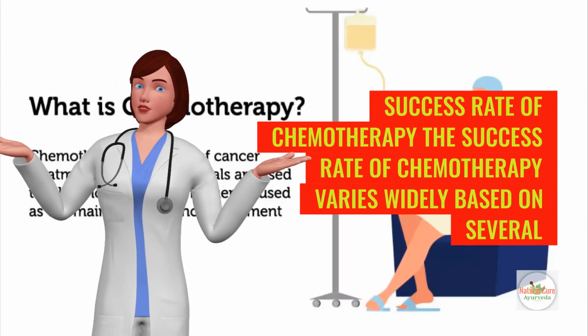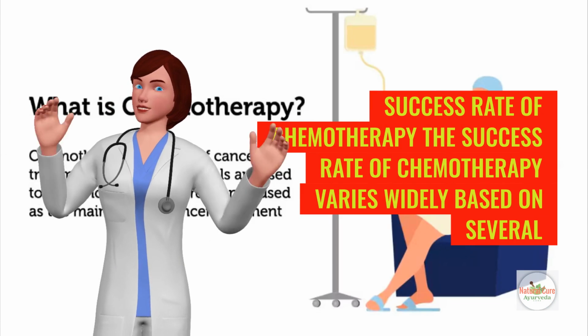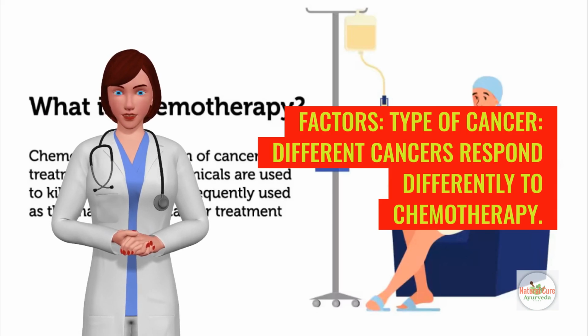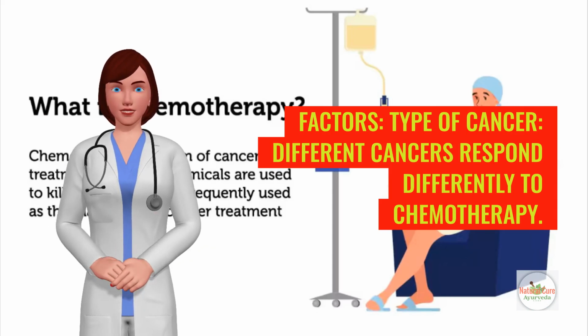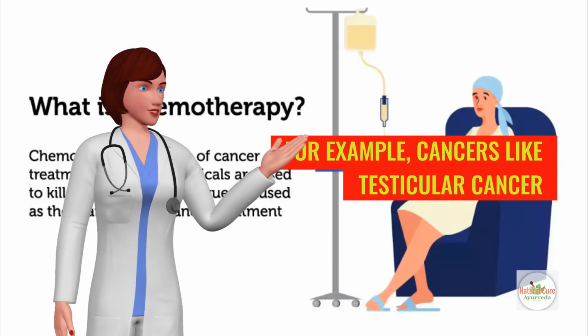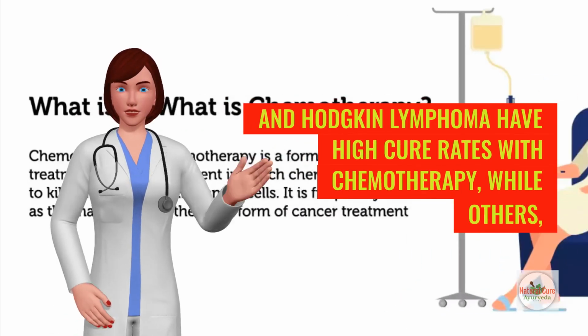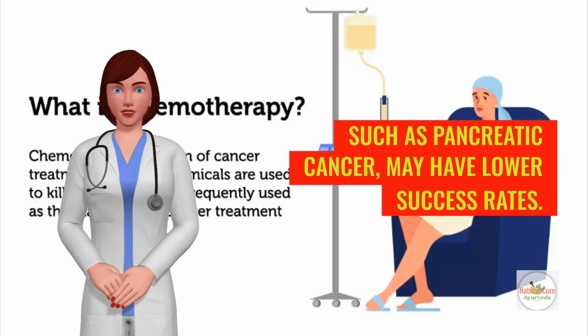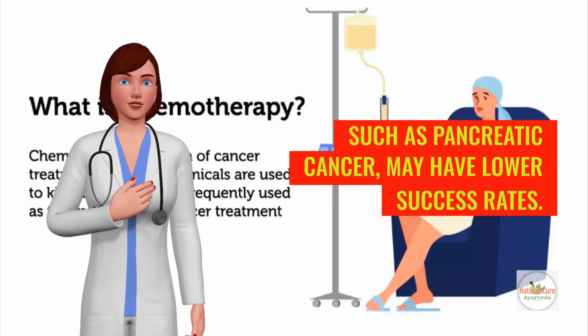Success rate of chemotherapy. The success rate of chemotherapy varies widely based on several factors. Type of cancer. Different cancers respond differently to chemotherapy. For example, cancers like testicular cancer and Hodgkin lymphoma have high cure rates with chemotherapy, while others, such as pancreatic cancer, may have lower success rates.